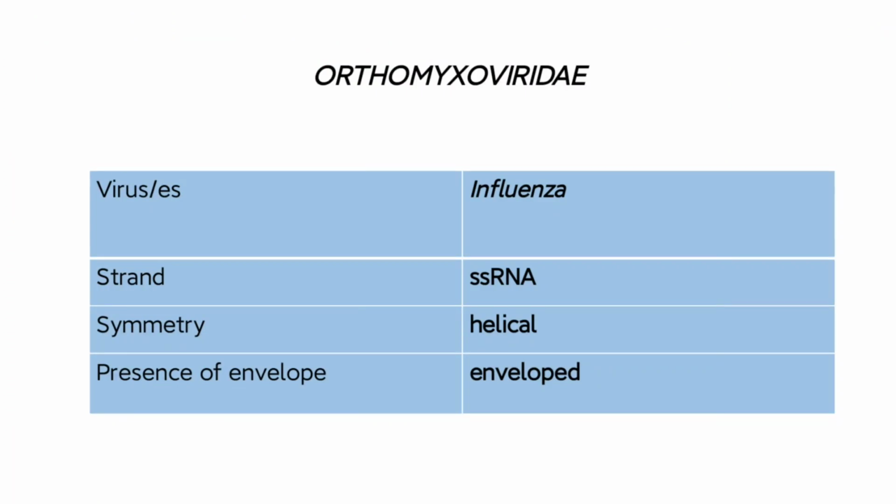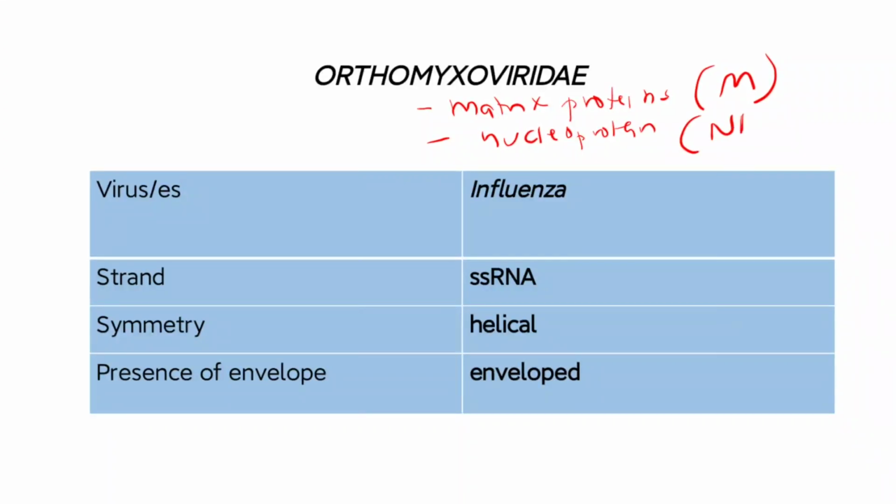Next, we have the Orthomyxoviridae. So, dito, influenza lang. Pero yung influenza na yan, marami yan. From A, B, C, D, F, G, etc. Orthomyxoviridae, tatandaan nyo, they have matrix proteins, so, M proteins. And meron din siyang mga nucleoprotein, NP.